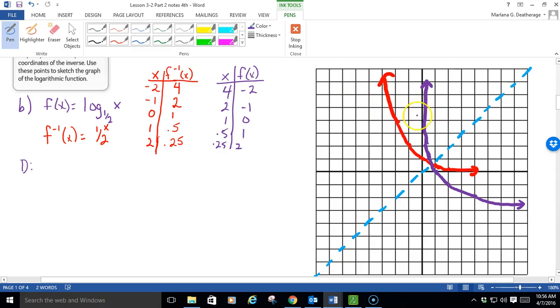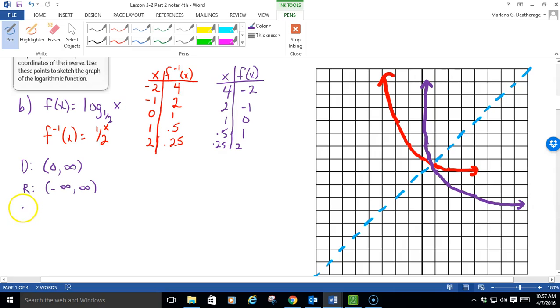It doesn't go any further to the left than 0, and it doesn't touch 0, so it doesn't include 0. What about the range? Low to high. How low does it go? How high does it go? Forever in both directions, right? So that didn't change from the other one.